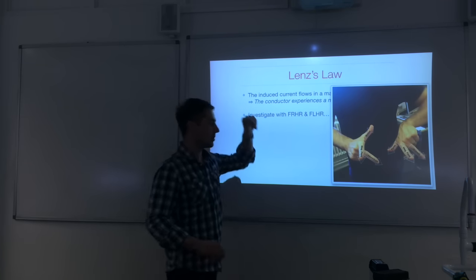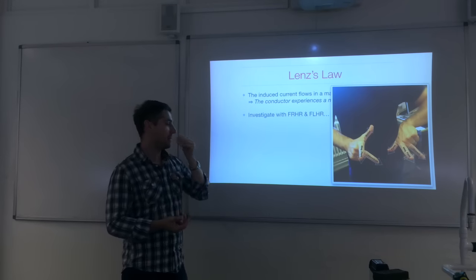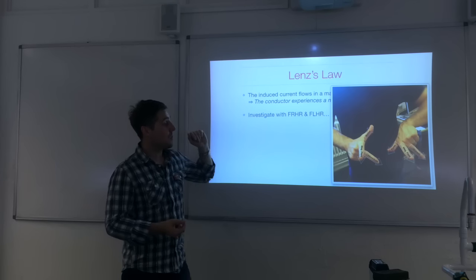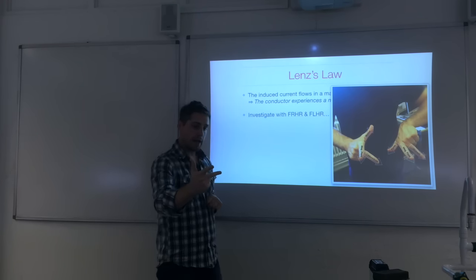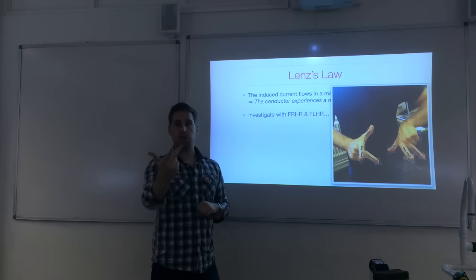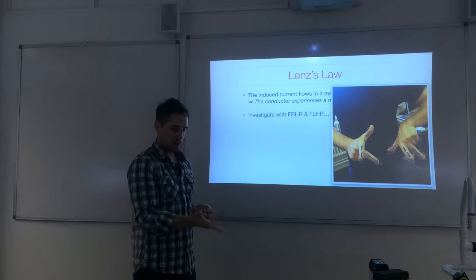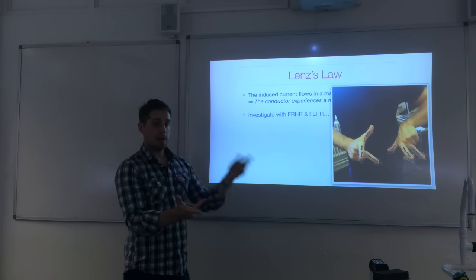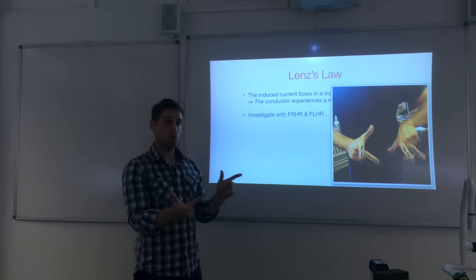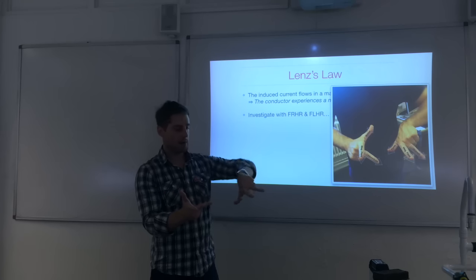So let's investigate this with Fleming's right-hand rule and Fleming's left-hand rule. Okay, so this is another picture that I sent out on Twitter demonstrating this point. So we're inducing current and we apply Fleming's right-hand rule. It doesn't really matter which orientation it is for now. But if I say we're inducing a current which is flowing in this direction, let's look at the direction of the magnetic force on that current carrying conductor. I'm just considering a straight wire here.